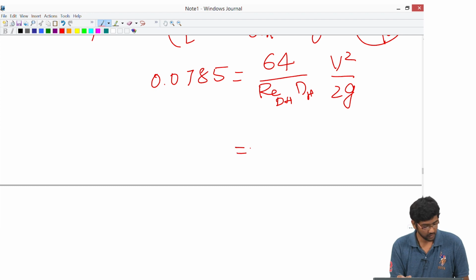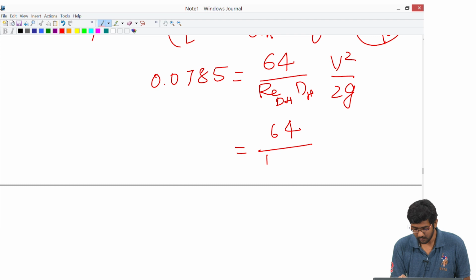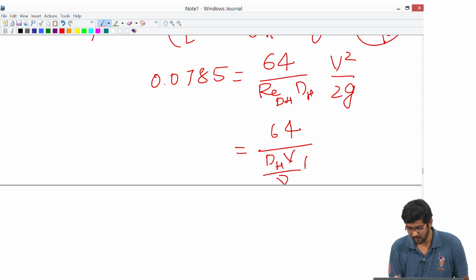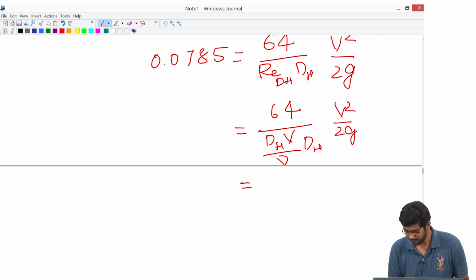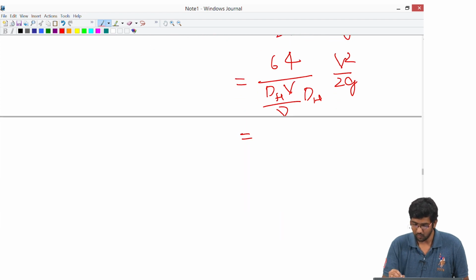So, if I substitute everything, 64 d_H, velocity by kinematic viscosity into d_H, into V square by 2g. So, this V and this V got cancelled off and we end up with an equation.